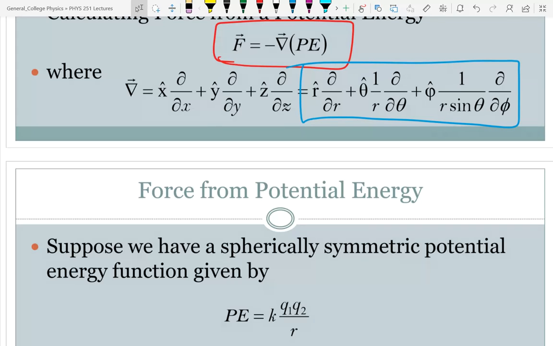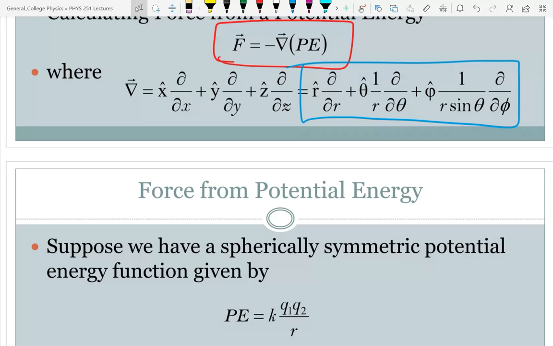What's the only variable in our potential energy? r. So when we look at the gradient operator, we have derivatives. What kind of derivatives are those? Partial, which means not related to r? Zero. Right. So that means d/dθ is going to be 0, and d/dφ is going to be 0. So it's going to be easy because we only have to worry about the first one.